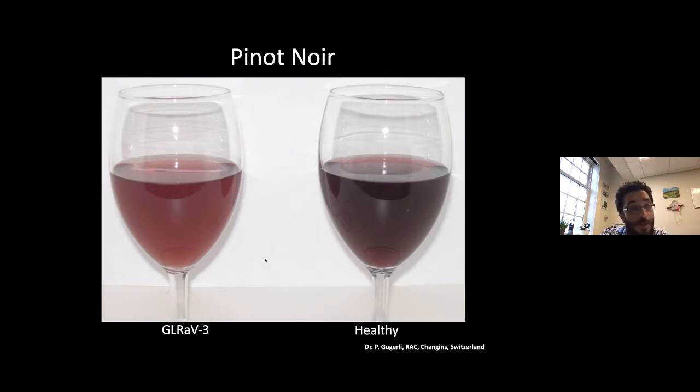And it is not just the color of the wine, it's also the quality of the wine. We have a reduction in soluble solids, and also in tannin and phenolic compounds. As Google says, this is pretty much a very bad quality vinegar, not even wine. So the point is, this really deeply affects the quality of the wine.